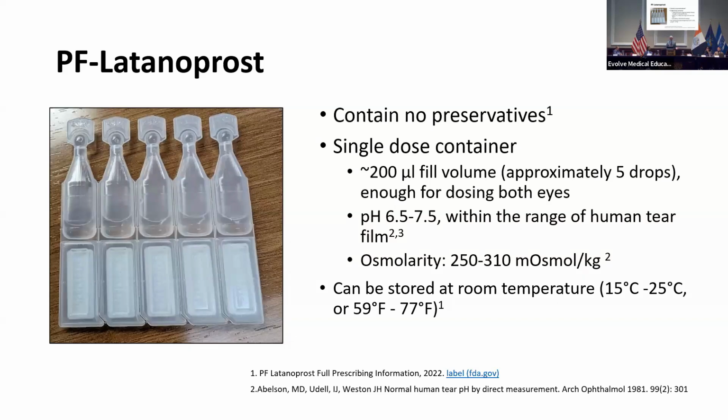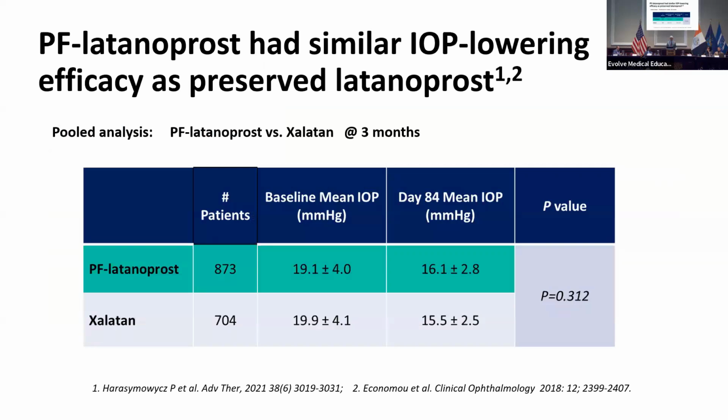But basically, here is preservative-free latanoprost. There's a host of data out there, and I'm not going to go through all of it. This is a pooled analysis from, I think, 5 clinical trials done primarily in Europe over the past several years, comparing preservative-free latanoprost to Xalatan with a 3-month duration.